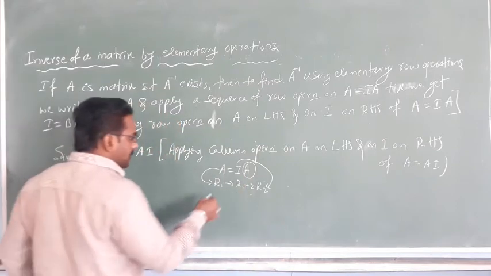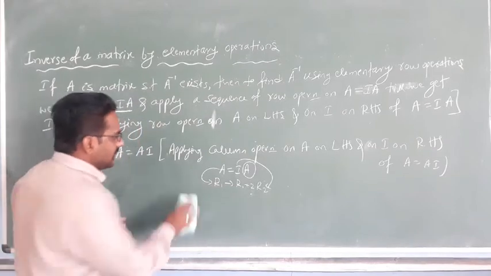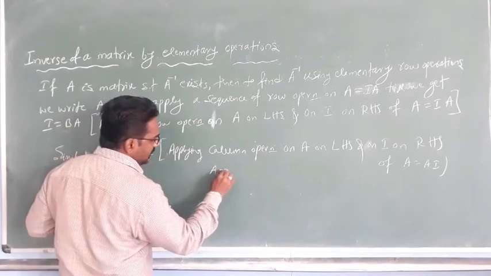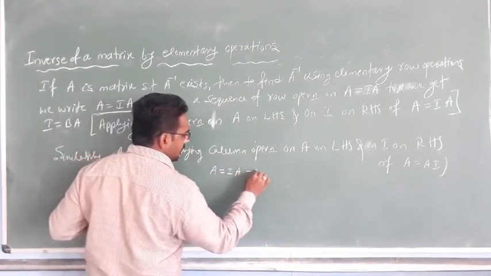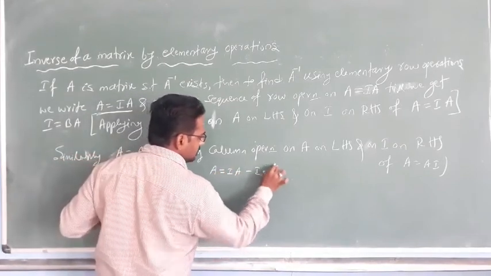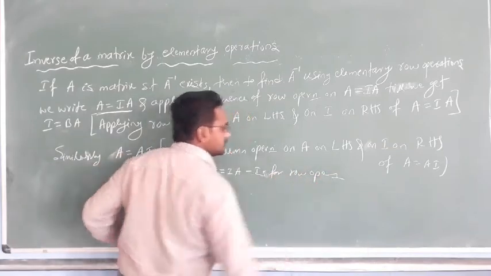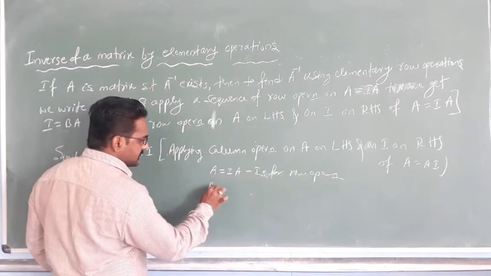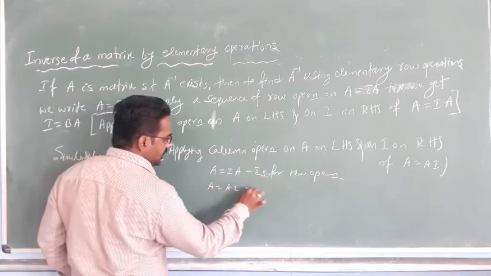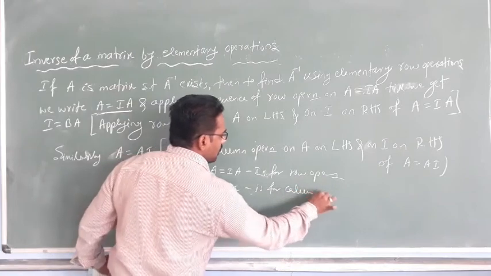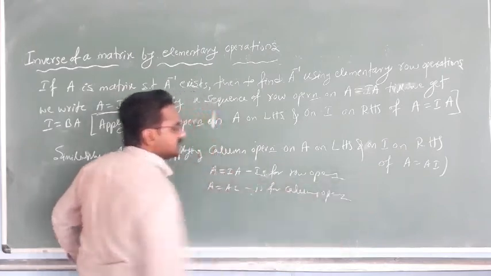So this is the format: A equals IA is for row operations. If I write A equals AI, it is for column operations.